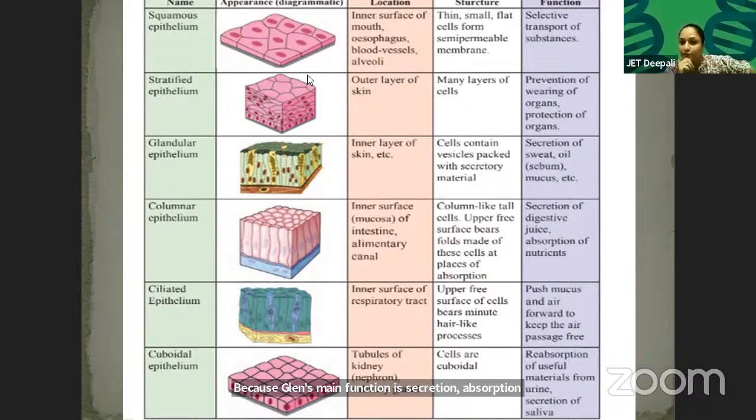They secrete hormones, so glandular epithelium. So the name itself makes two to three lines clear. It makes the presence clear, that it is present in glands, lining the glands. The function is clear: secretion must be there if it is glandular epithelium.